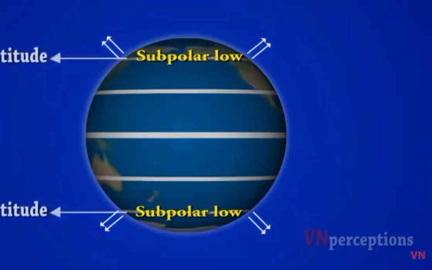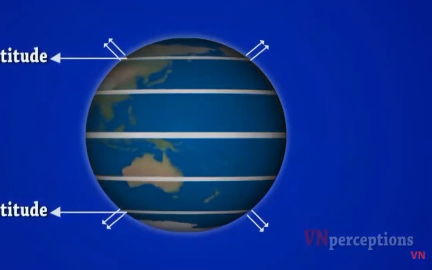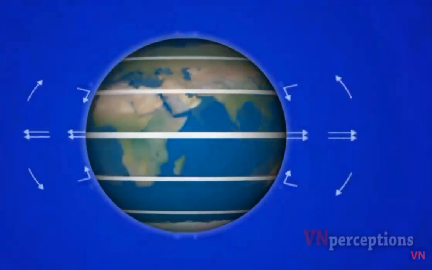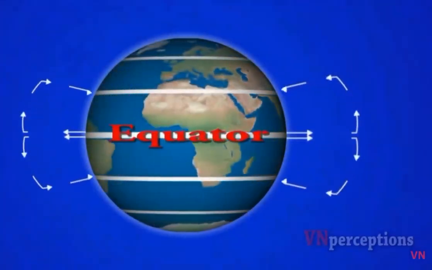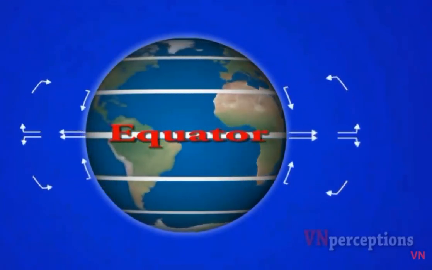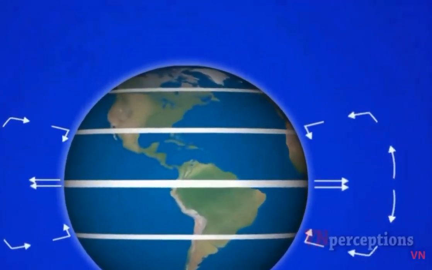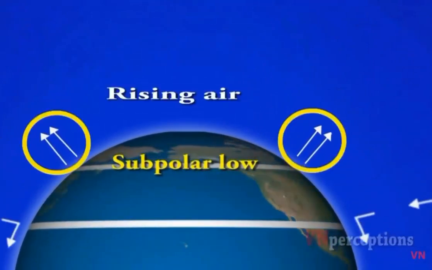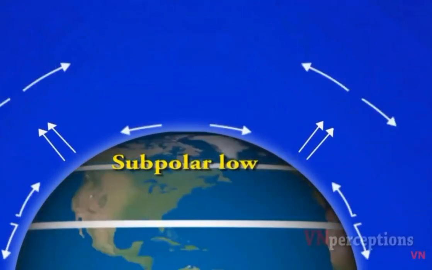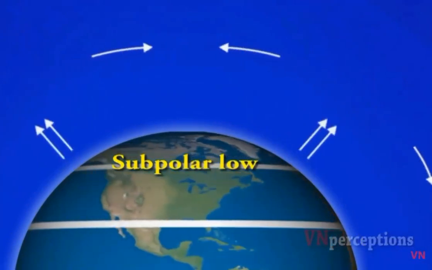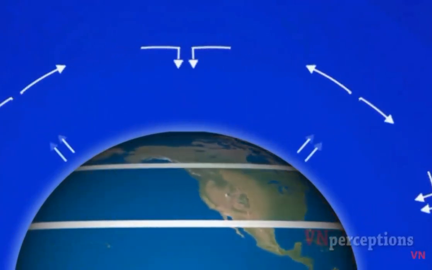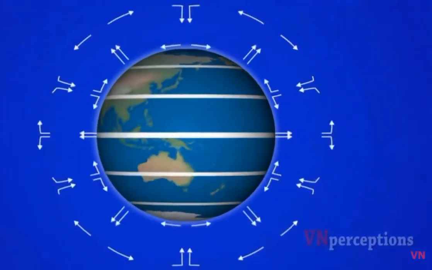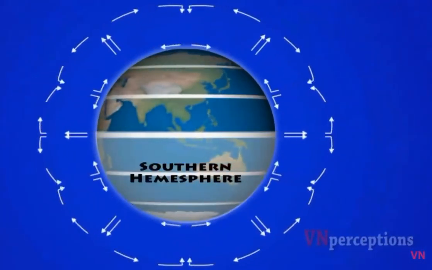So, at 60 degree latitudes, we have a low pressure system because we have rising air. Along the equator, the air is rising because of convection, and at subpolar lows, we have rising air because of convergence. This rising air also spreads out, cools and sinks. The same thing happens in the southern hemisphere.